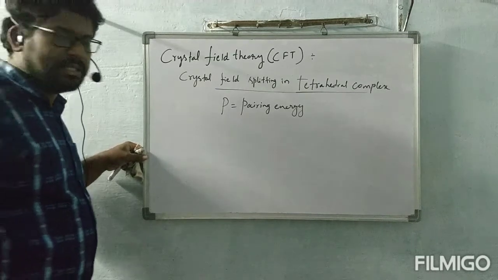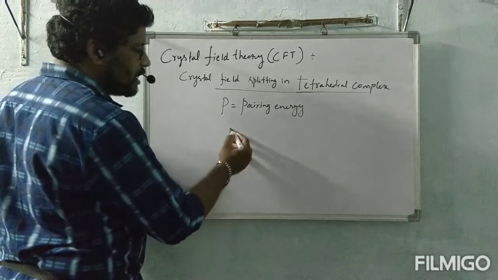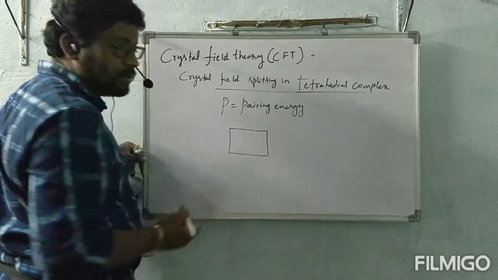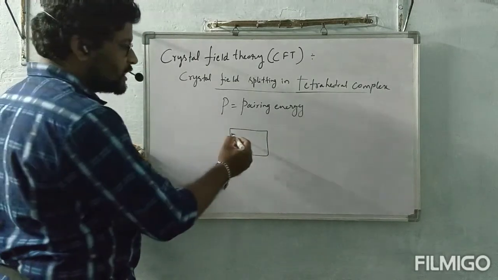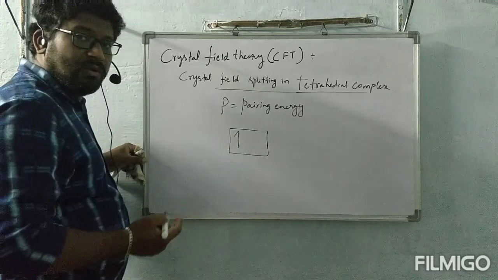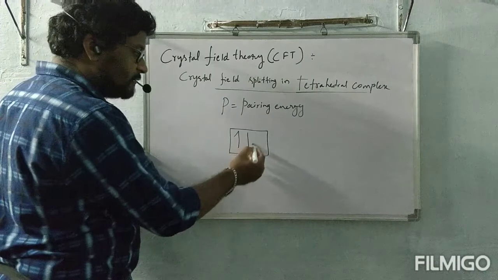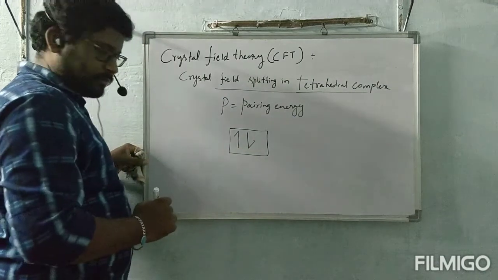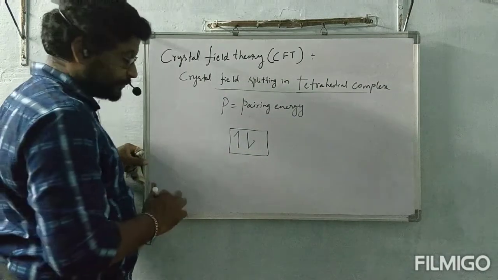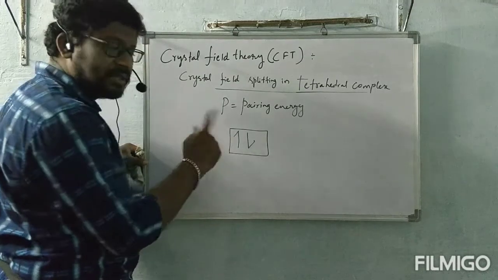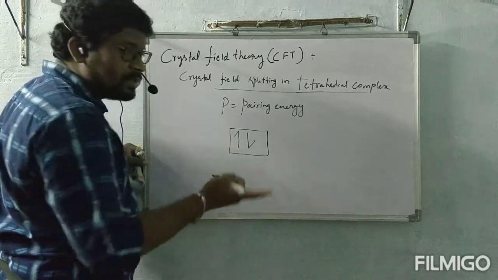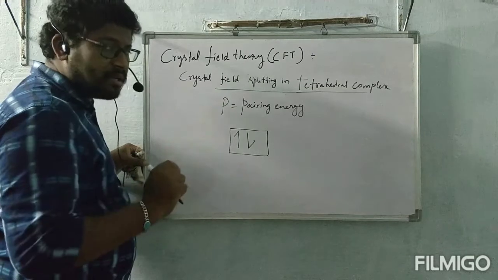The definition of pairing energy is this: if you take a single orbital, the first electron is present. While the second electron enters the orbital, it gets paired with the first electron with opposite spin. Already one electron is there with clockwise spin, and another electron enters that orbital with anti-clockwise spin.